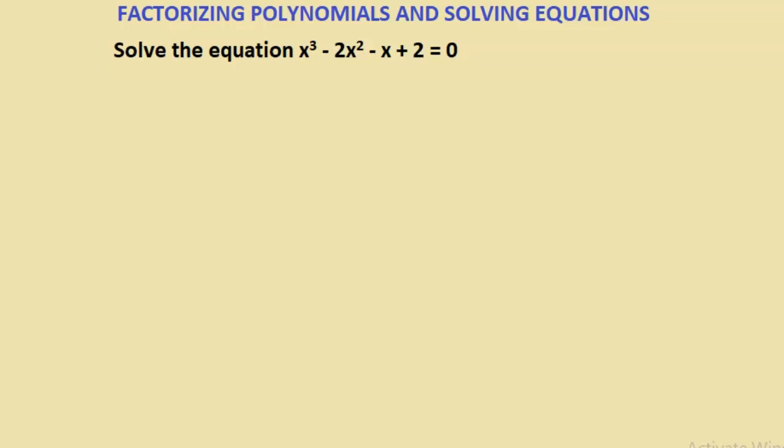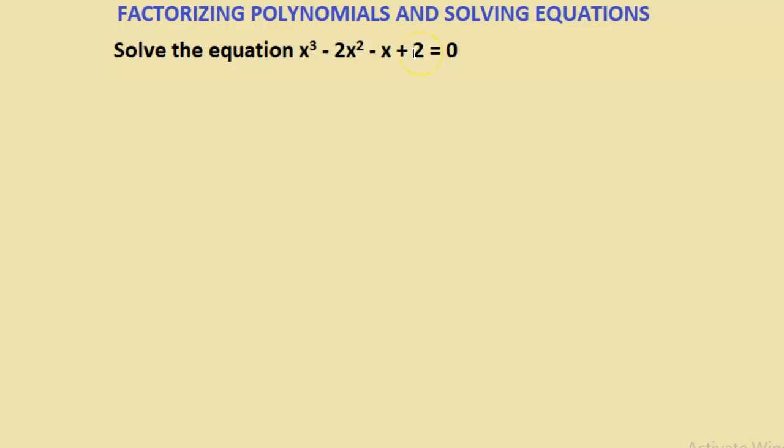Now, usually the first solution we get by what we call trial and error. So we're going to try different values of x and see which one of those values equate the equation to 0. Usually when you're trying these values, you try the values that are factors of the constant.